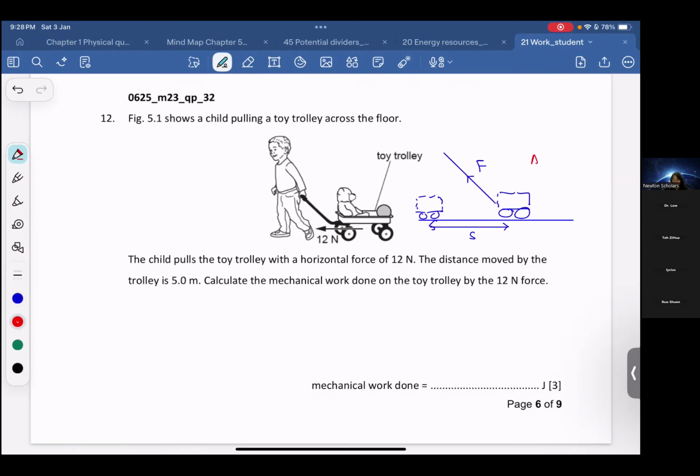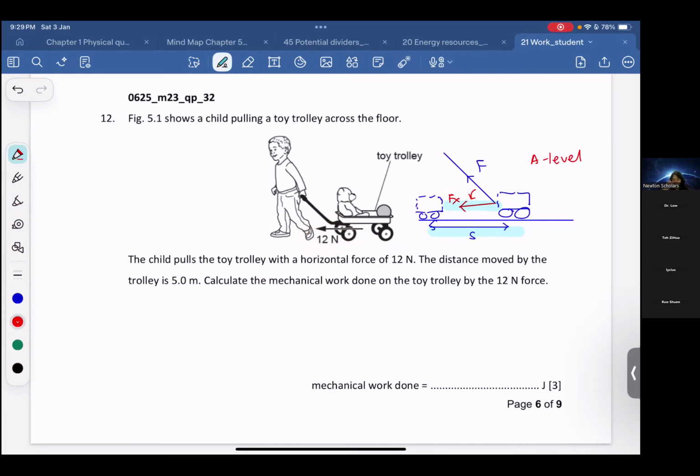So in A level, if you study physics, you need to resolve the force F to become Fx. Then you can apply Fx times S. But now we are in IGCSE, O level, so they straightforwardly give you Fx, 12 Newton. When you go higher level, they will give you in other directions, then you have to resolve it. So here, this one is actually very straightforward.